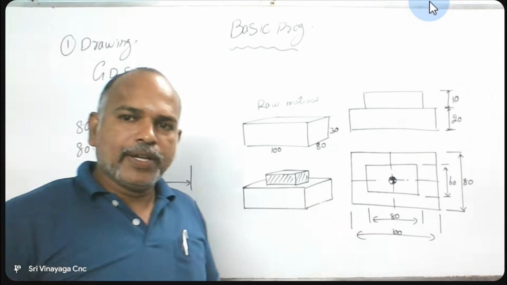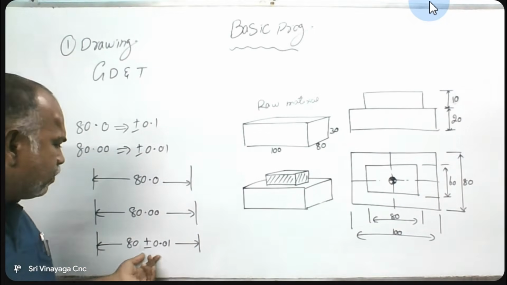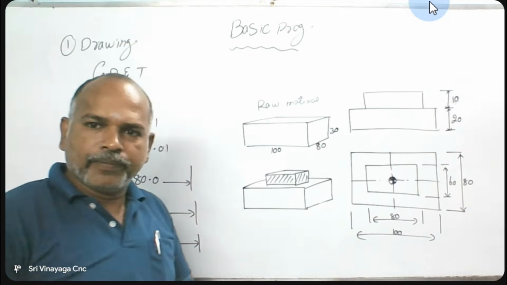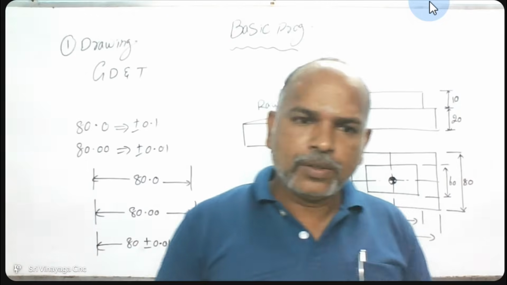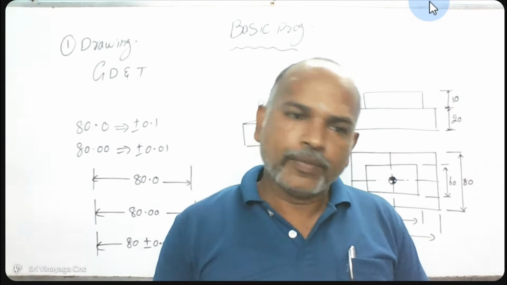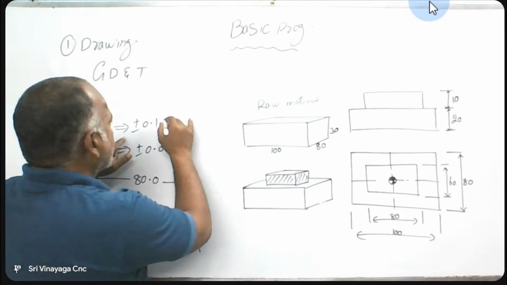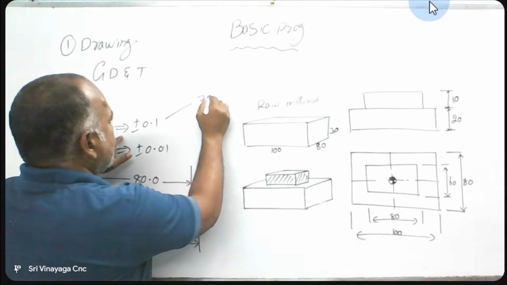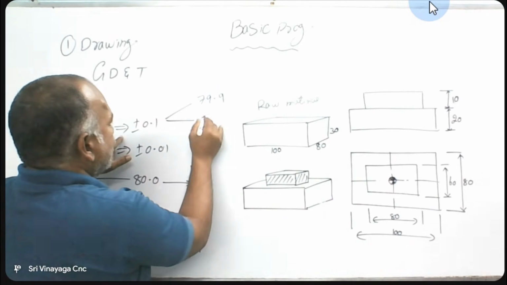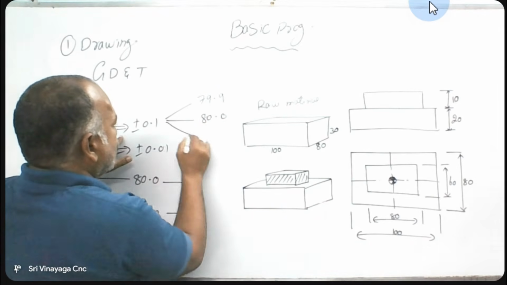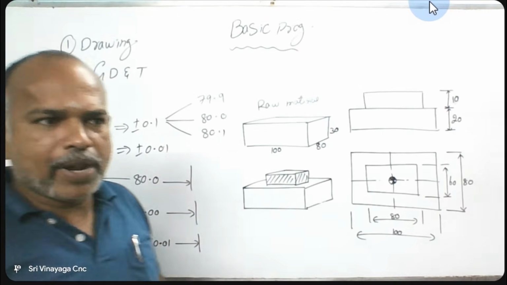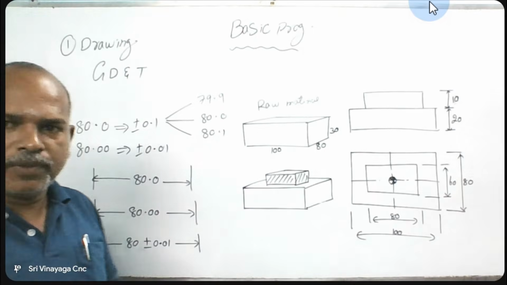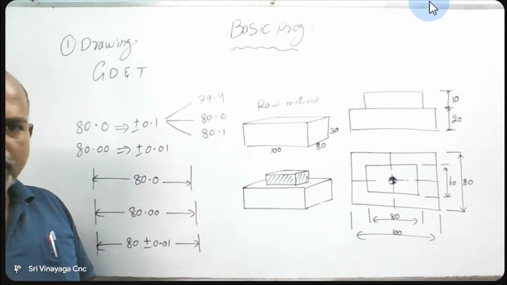Or otherwise, directly they will write 80 plus or minus 0.01. So if 80.0 is there, it means I can make either 79.9, 80.0, or 80.1. Of the three values, you can take any one.